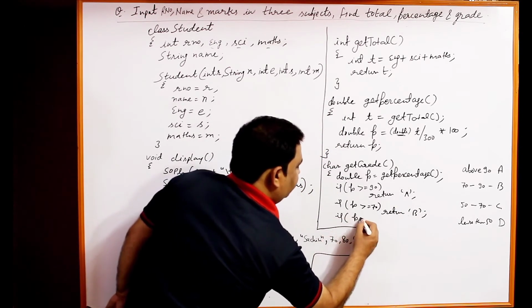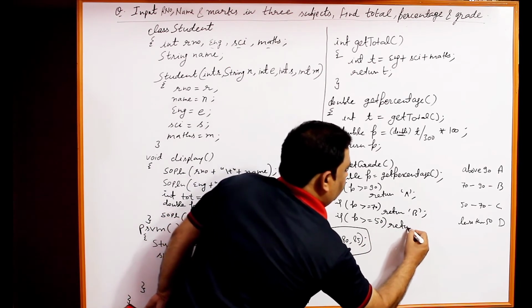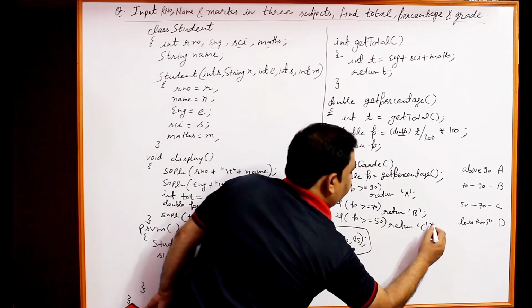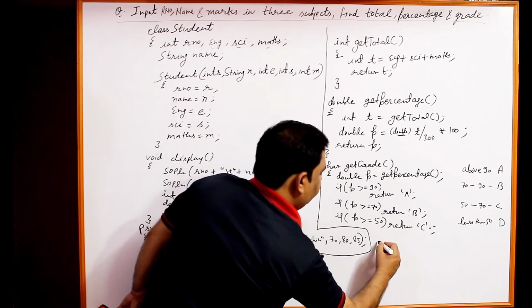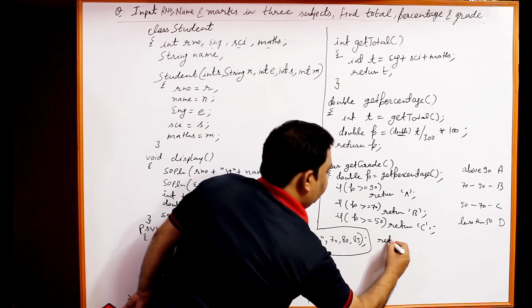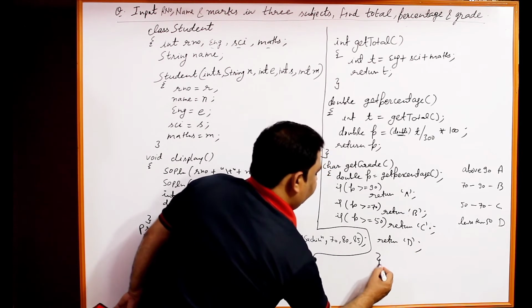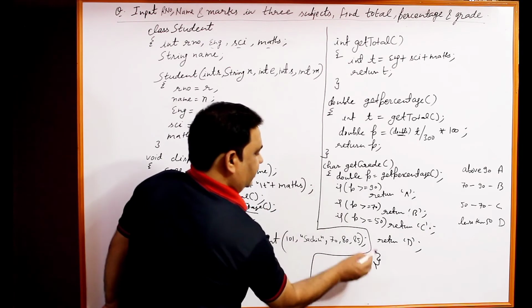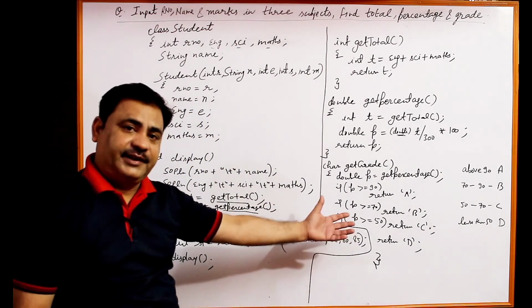If p is greater than or equal to 50, return 'C', finally else, or you can write simple return 'D' and close the function here. So, one more function is ready, getGrade.